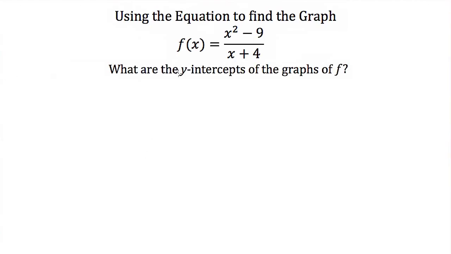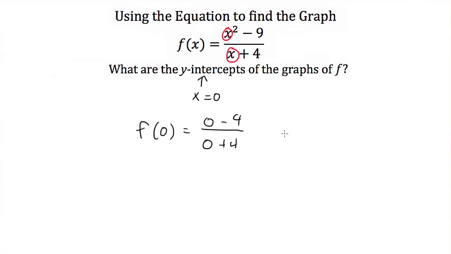What if we wanted to know the y-intercepts? Well, the y-intercepts occur when x is equal to 0, so we would just plug that in. 0 for x in both of these locations. We would have f of 0 is 0 minus 9 over 0 minus 4.